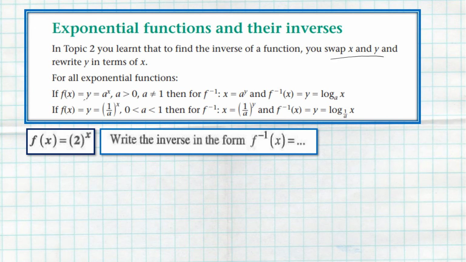So for example, if we have y equals a exponent x, then to find its inverse, we swap x and y. Then when you calculate its inverse, you get y equals log, and your base goes down to the base there, log base a of x. So that is its inverse.